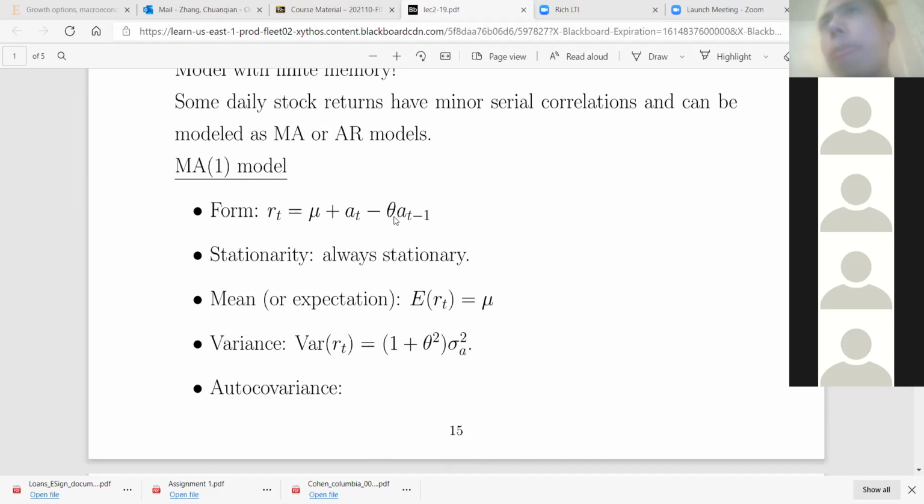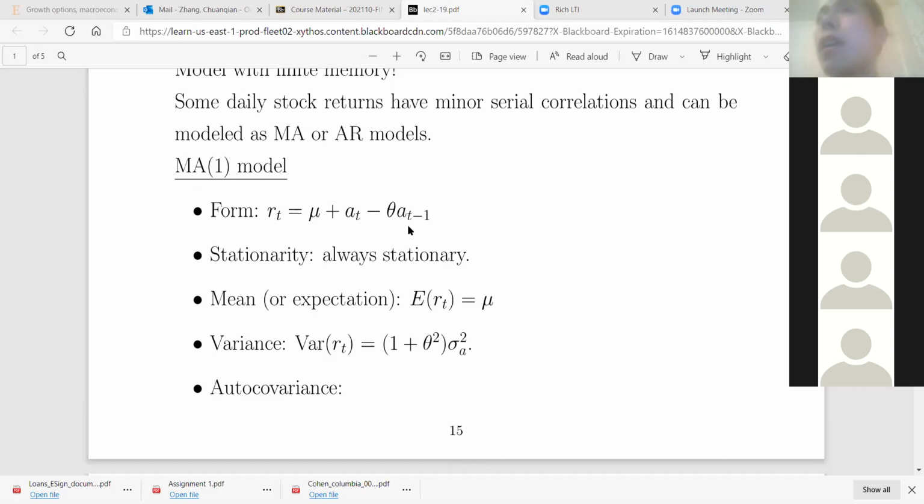For example, say the stock market. The stock market returns today depend on their historical average, unconditional. This is the constant, unconditional, that means independent of time, plus a_t. a_t represents the shock received today, unpredictable, and plus the shock received yesterday. It's highly possible, right?